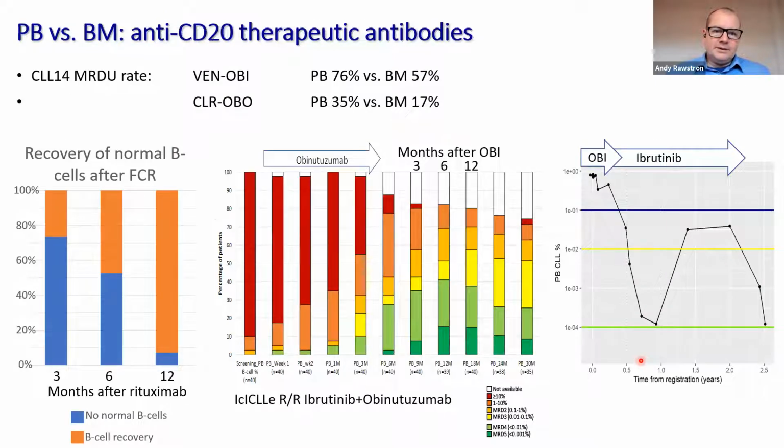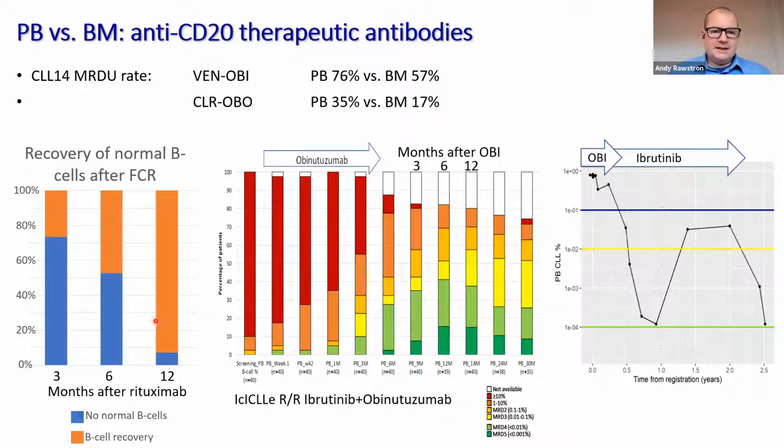If you are using therapeutic antibody, it will take a while to clear. So this is looking at some of the latest data, peripheral blood versus bone marrow. You're still seeing about a 20% uptick in the proportion of patients who are negative in the peripheral blood versus the bone marrow with obinutuzumab.